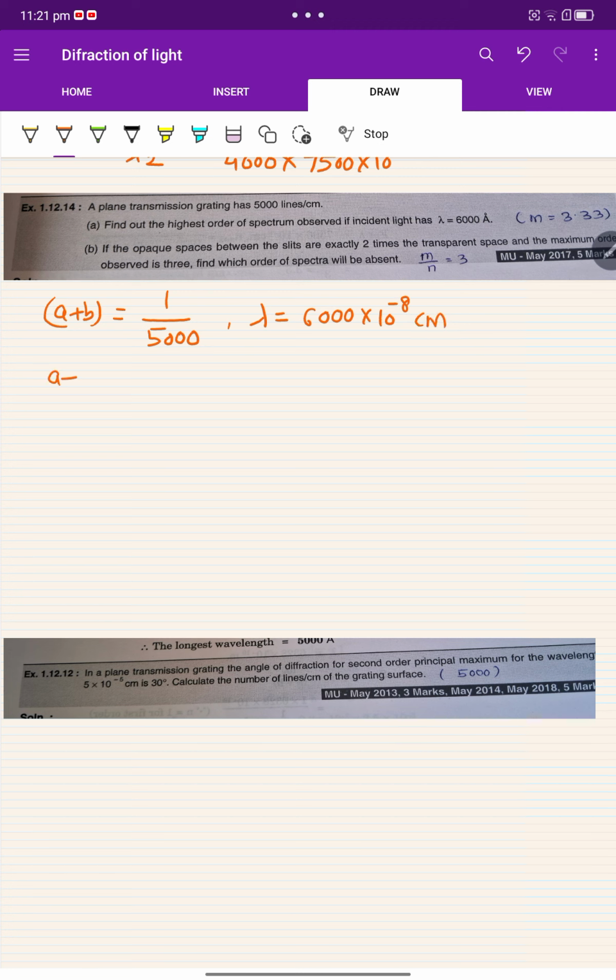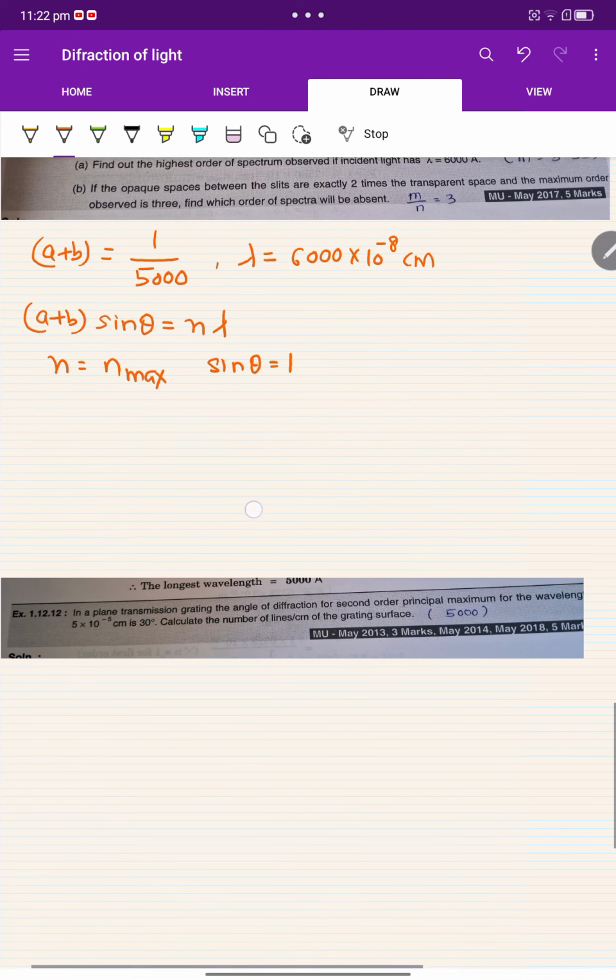So we'll use the formula A plus B sine theta is equal to n lambda, and order will be maximum if I take sine theta as 1.